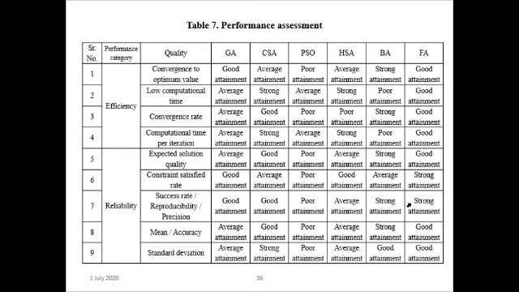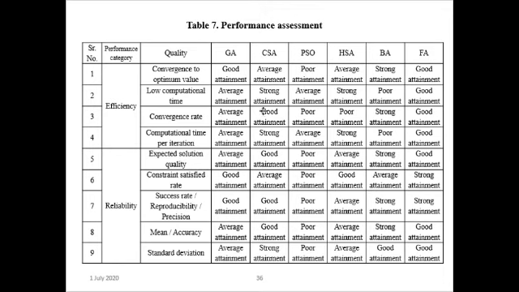The performance assessment chart is prepared from various previous plots that I have mentioned, and also the statistical analysis that was previously seen in the slides for all the algorithms. Here, for comparison purposes, four categories are considered: strong, good, average, and poor.